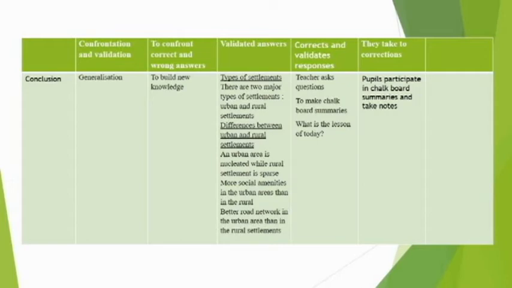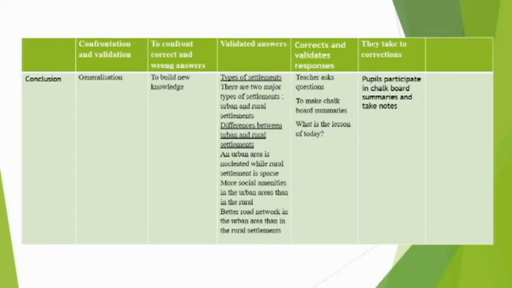And the main matter here is the body of the lesson itself, where we have types of settlement. We go down to differences between urban and rural settlement. But you should not be confused when you hear types of settlement, then you hear differences between urban and rural settlement. As opposed to our lesson objectives that we stated at the end, that learners should be able to differentiate between urban and rural areas.